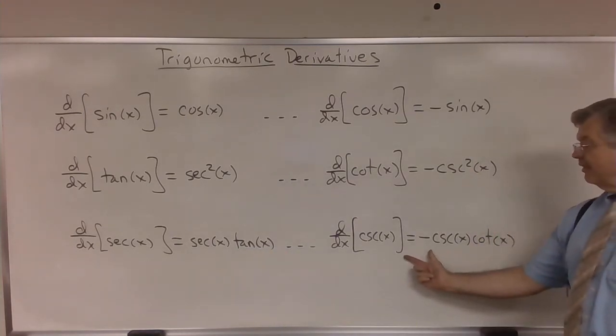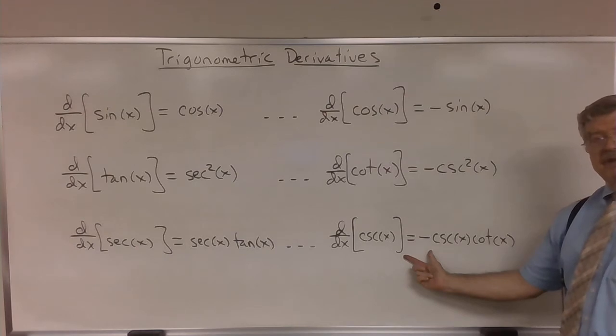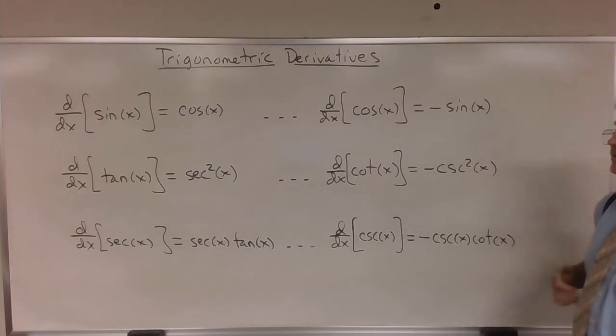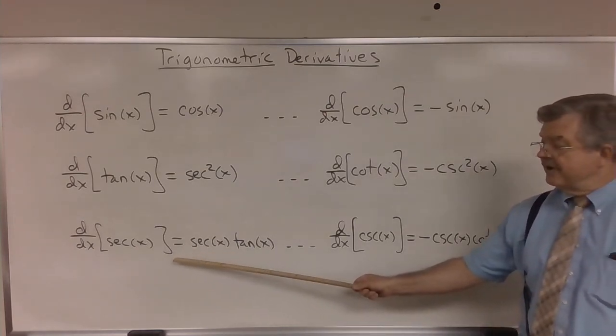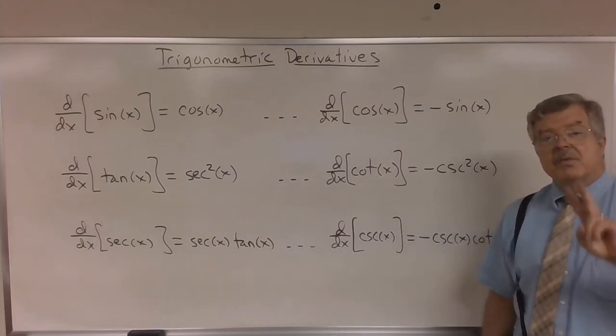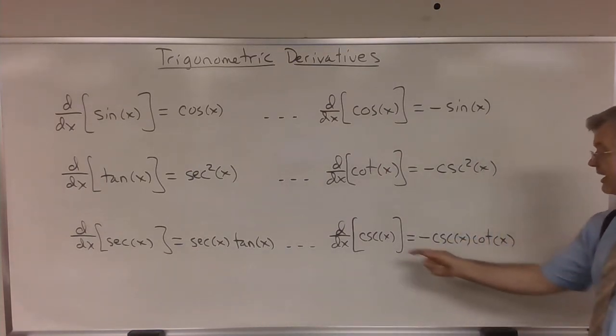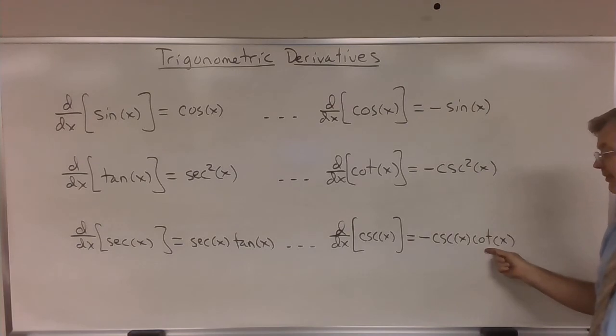Now, just for the sake of illustration, let's say that we know the derivative formula for cosecant x. To get the derivative formula for its co-function, secant x, we do two things. We take each of the functions in the original expression and replace them with their co-functions.